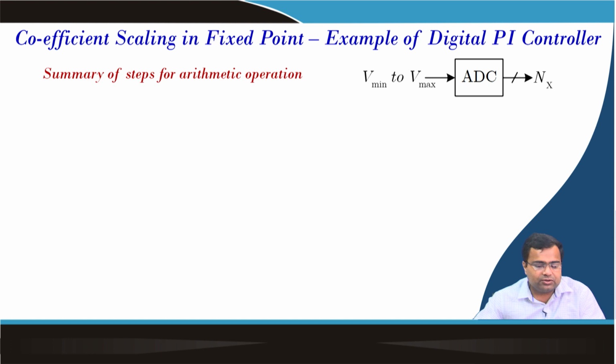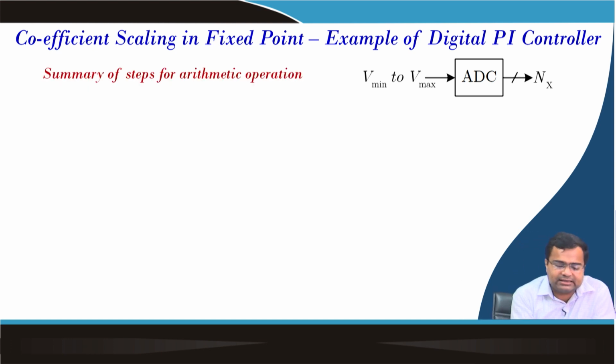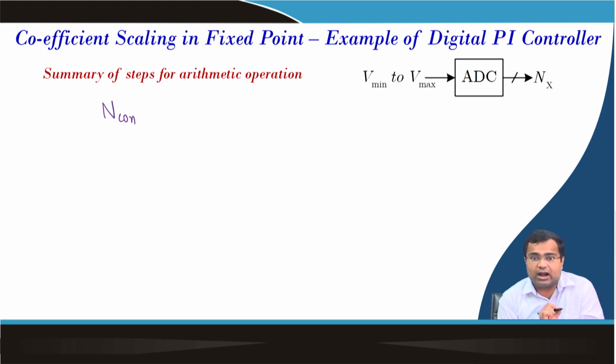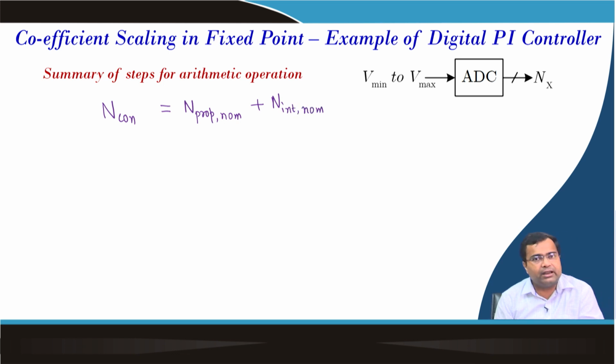Okay, next, the summation. The summary is that n is the control that you want. What is the format? It has to be the proportional nominal, because we need to add it in a proper format to the integral nominal.